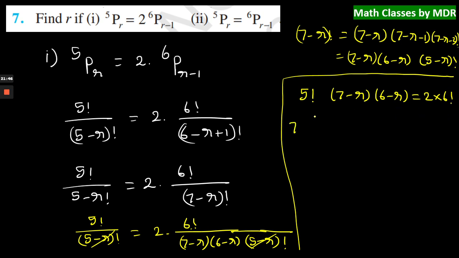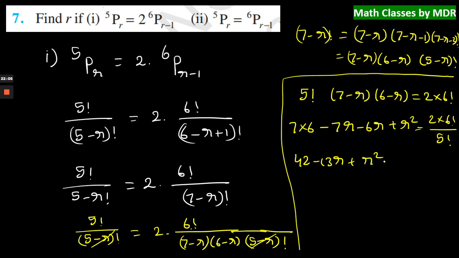So (7 minus r) into (6 minus r), let me expand it. 7 into 6 is 42, minus 7r minus 6r plus r square equals 2 into 6 factorial by 5 factorial. So now this is 42 minus 13r plus r square, and 2 into 6 into 5 factorial by 5 factorial.